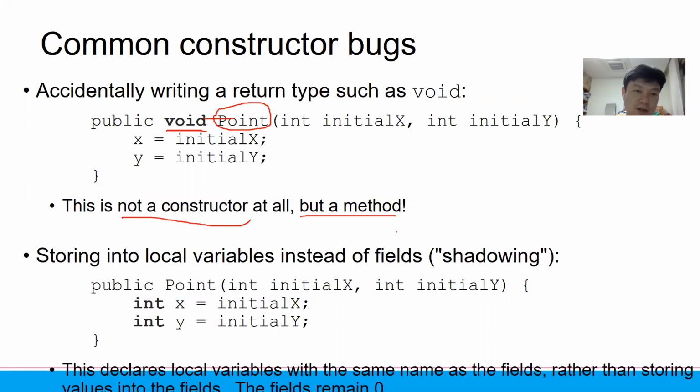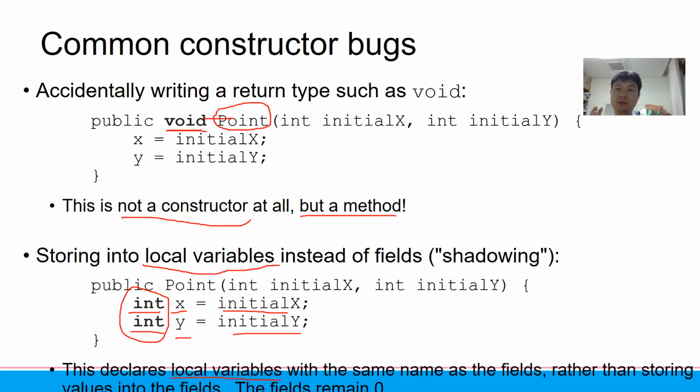And the other thing that you need to know is when you create the constructor, be careful with the local variables. So you can have x equals initial x and y equals initial y, but don't use the data type. If you define it like this, it will declare local variables.